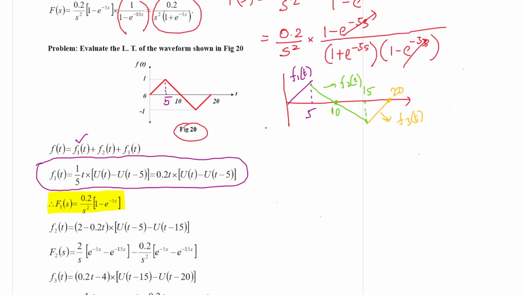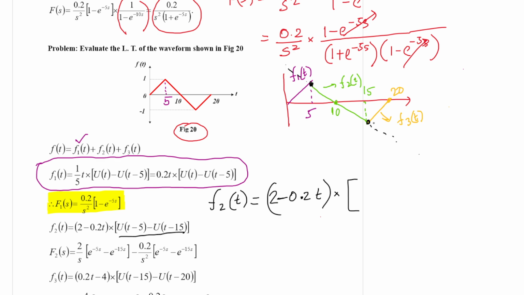Now the equation of this F2t will become 2 minus 0.2t. Now you must multiply this with this gate function in order to restrict this slope within 5 to 15.